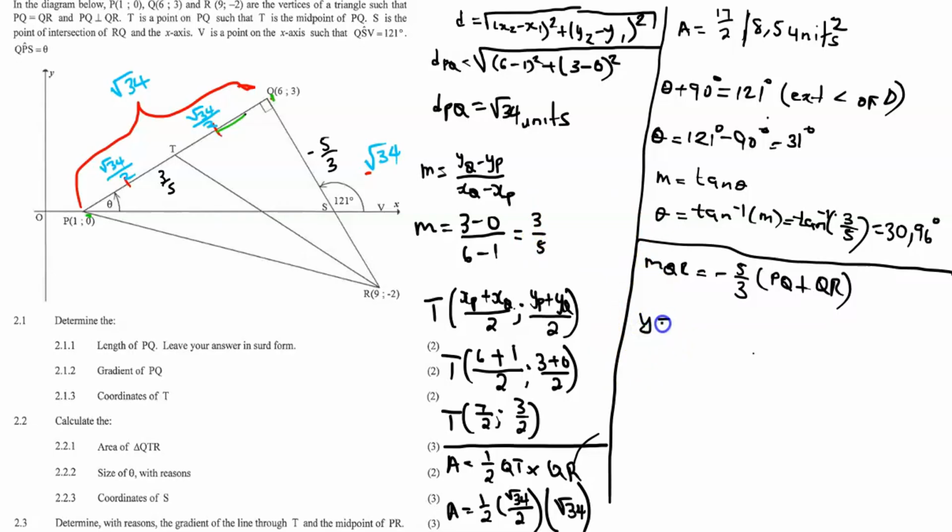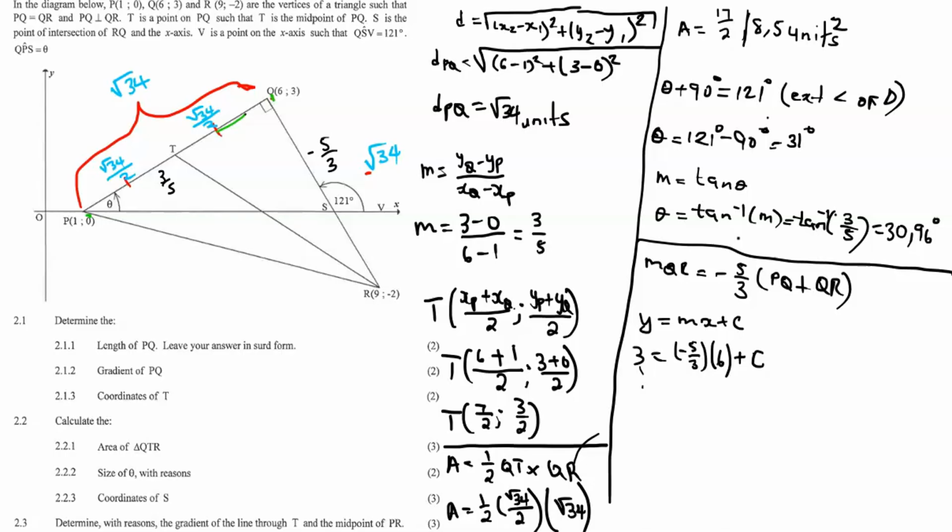Now we can just say y equals mx plus c, and then we solve for the value of c by substituting y and x and also the gradient. So we can use any of these coordinates. So let's use Q. The y of Q is 3, equals m, which is negative 5/3, and the x there is 6, plus c. Now let's just punch it on the calculator.